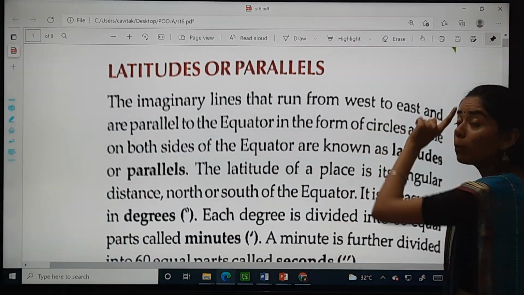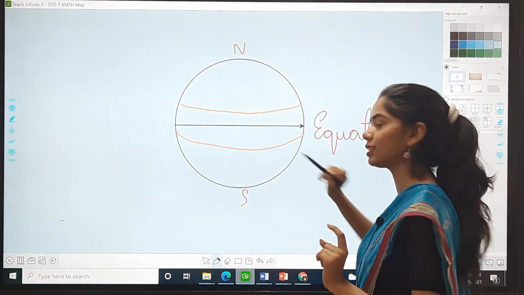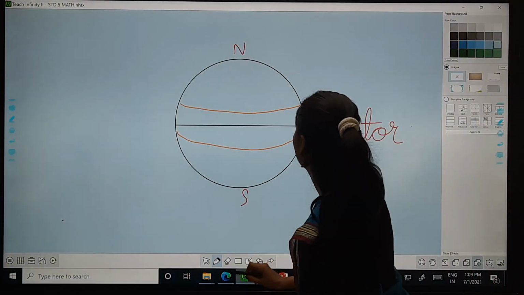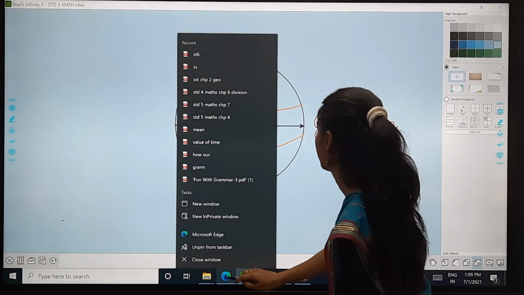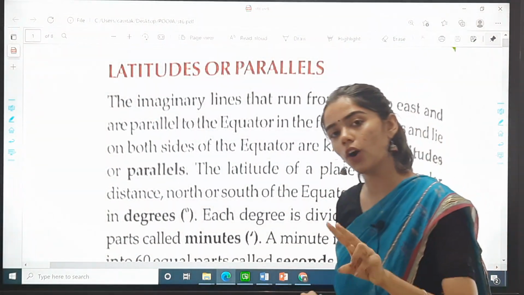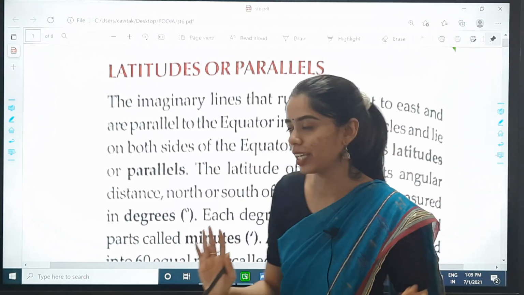That it lies on both the sides. See? यहाँ भी है north side में and south side में भी है. So, these are the parallels. These are known as latitudes or parallels. Latitudes or parallels, both the words mean the same.